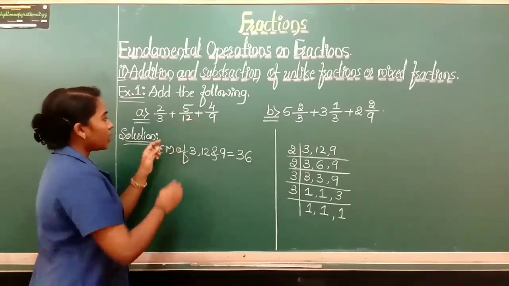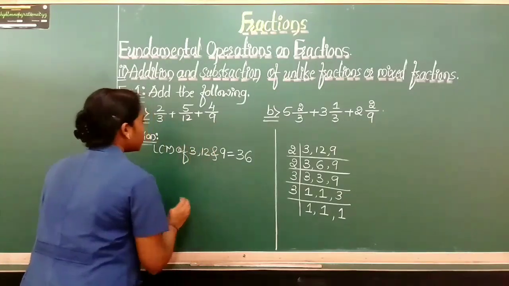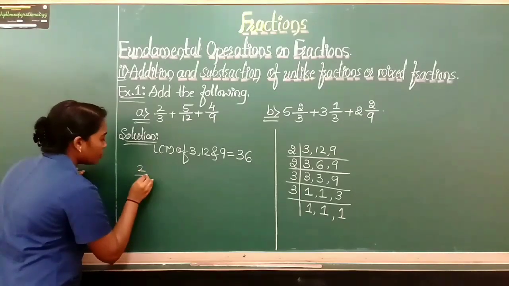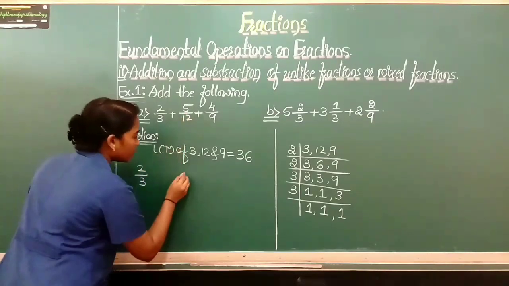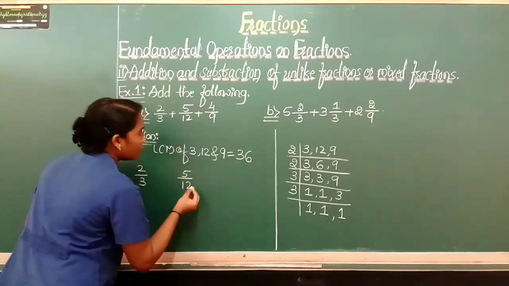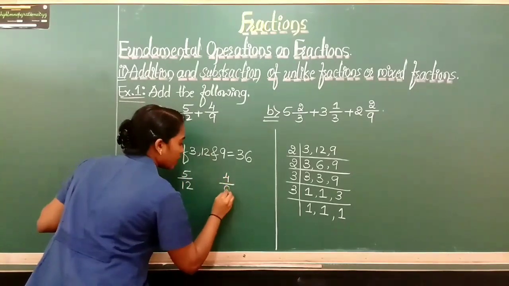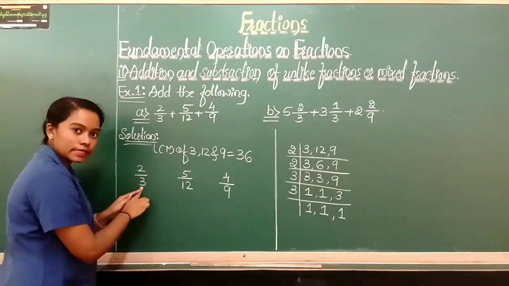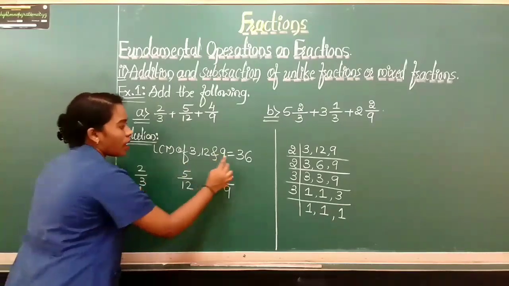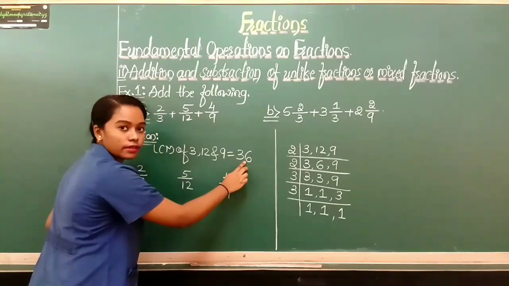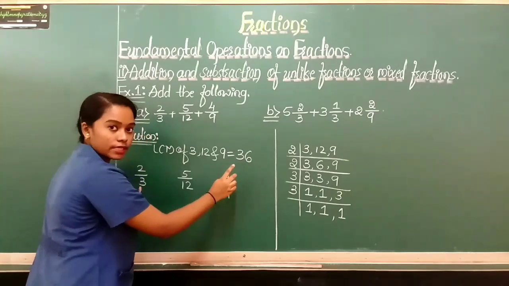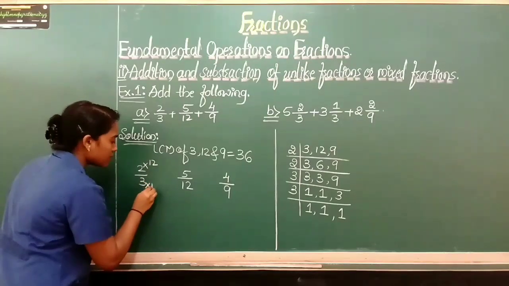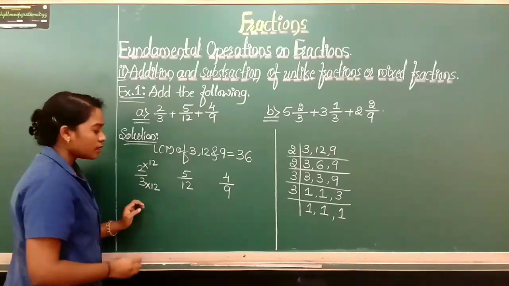Now, write these fractions to convert them into like fractions. 2 by 3, next one is 5 by 12, and 4 by 9. The denominator is 3. 3 how many are 36? 3 twelves are 36, and that 12 you have to multiply to the numerator as well as the denominator.